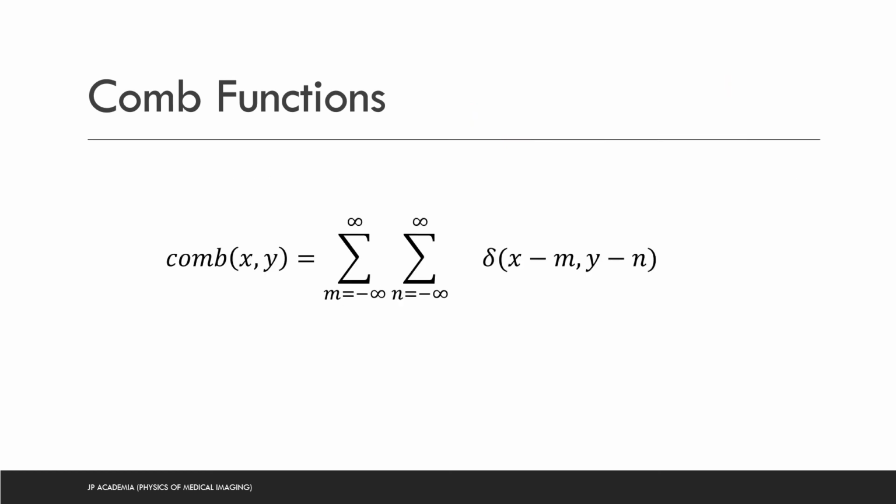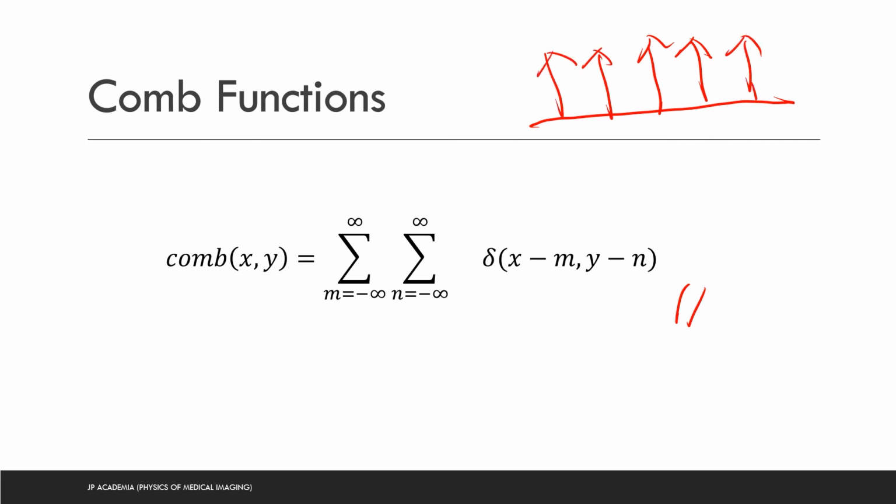The comb function, also known as the Sha function, allows one to represent both continuous and discrete phenomena, such as sampling or aliasing. This is the two-dimensional form of the comb function. A Dirac comb is actually an infinite series of Dirac delta functions. So let's say we have this comb function with a certain regular interval.